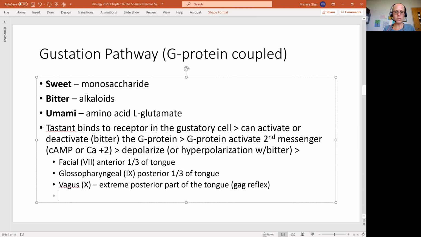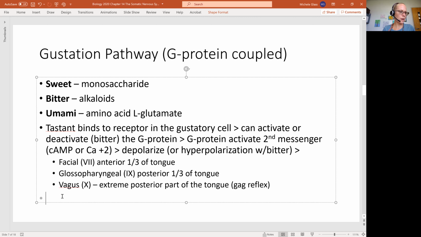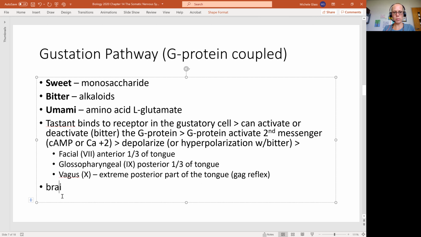So for both, we're going to have our processing center here go to the brain stem, goes to the thalamus, and then we're going to go to the gustatory cortex, which is located in the insula lobe.